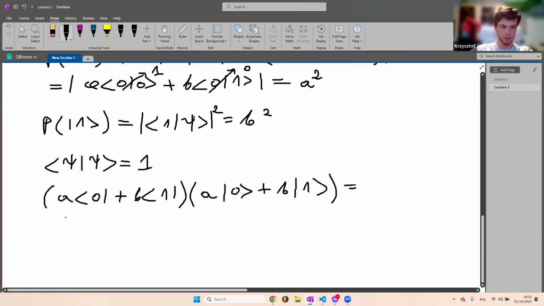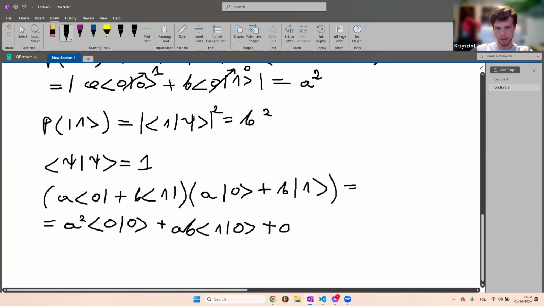So now when we multiply all the terms, we get a squared |00> plus ab |10> plus ab |01> plus b squared |11>.